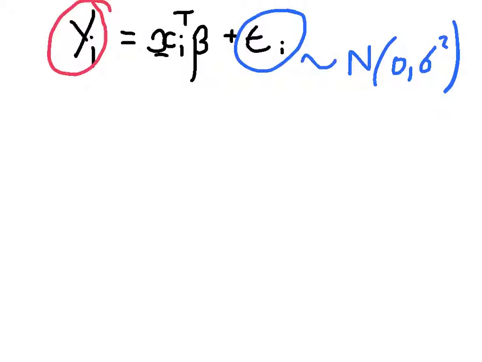Now, if we do a little bit of rewriting, we take this part of the model and denote it by the symbol eta.